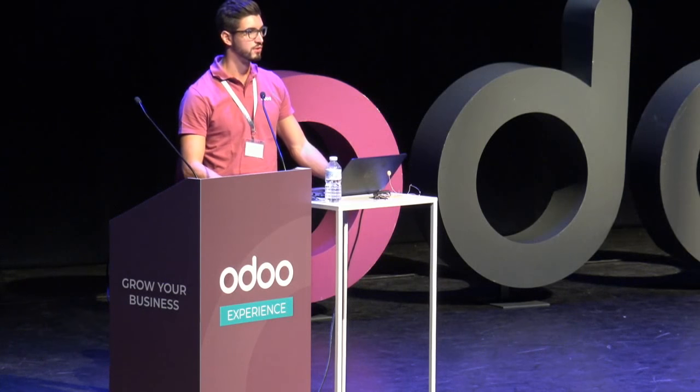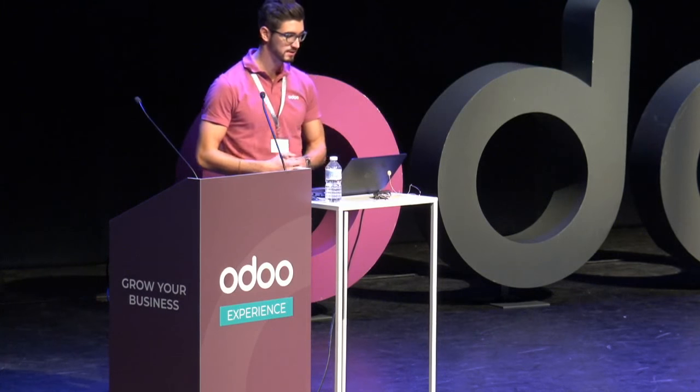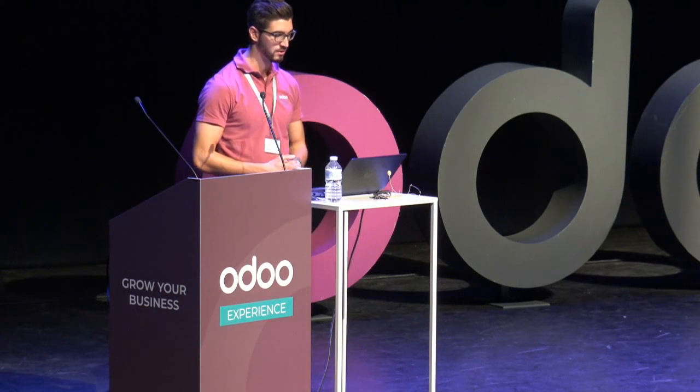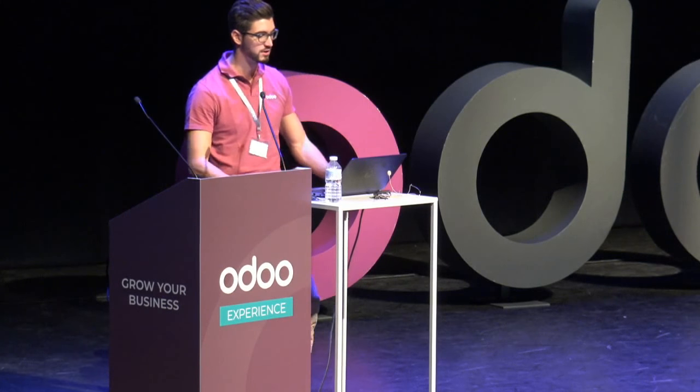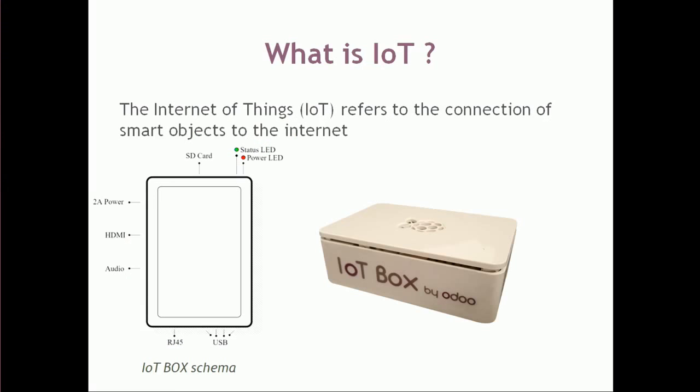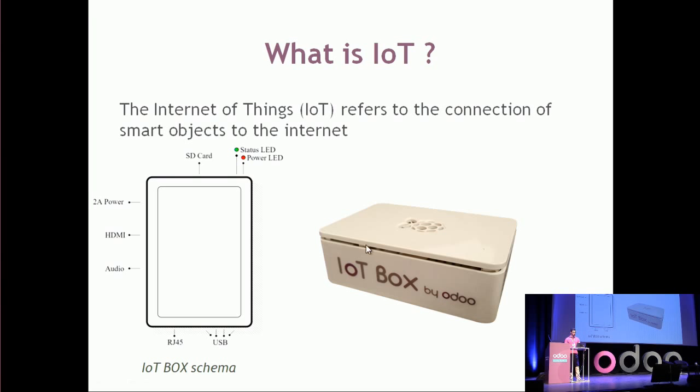So first of all, what is IoT? What does it mean? So IoT means Internet of Things. It actually refers to the connection of a smart object to the internet. So as you can see on the slide, this is how an IoT box looks like.